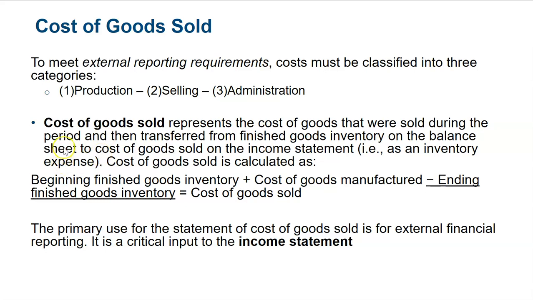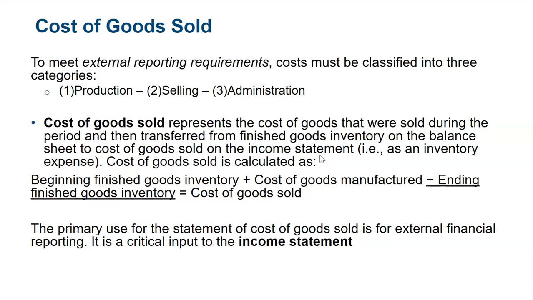So let's look here at some information about cost of goods sold, and then we'll look at how to calculate that. It says cost of goods sold represents the cost of goods that were actually sold during the period, and then transferred from finished goods inventory on the balance sheet to cost of goods sold on the income statement. Now, before we go any further, we've come across some additional vocabulary that we hadn't seen before.